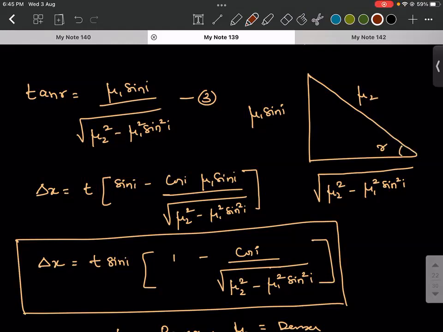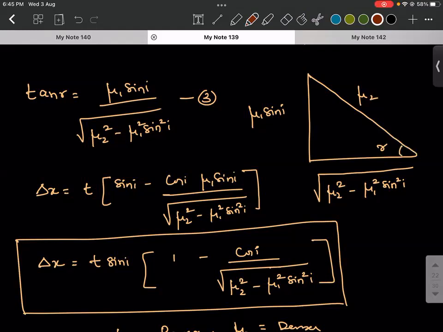Apparent shift is spoken of when you see from the top. Apparent is basically shift only. So this is lateral shift because it is happening parallelly. There it is happening vertically. So you cannot call it apparent shift here. You will not see it like that.